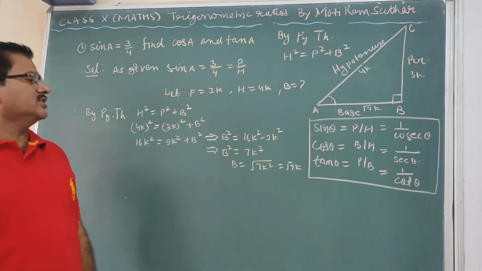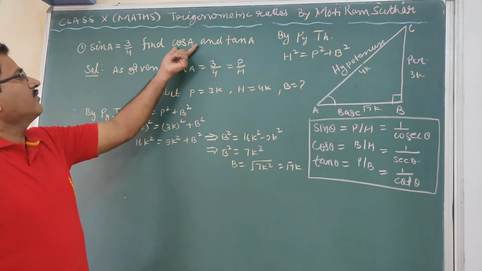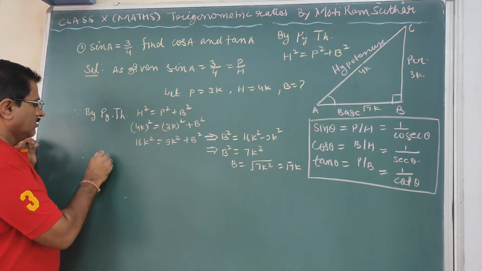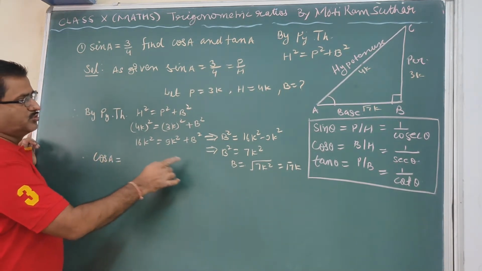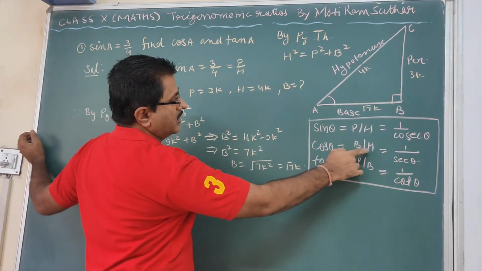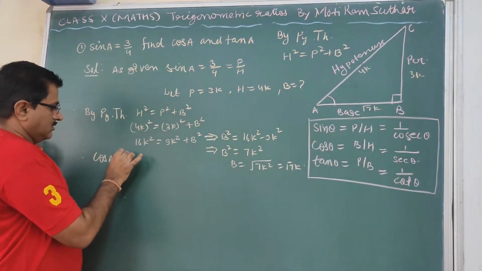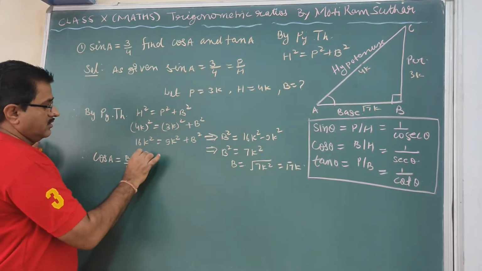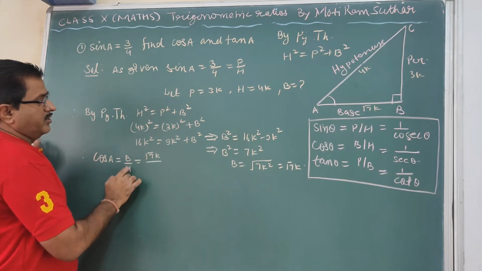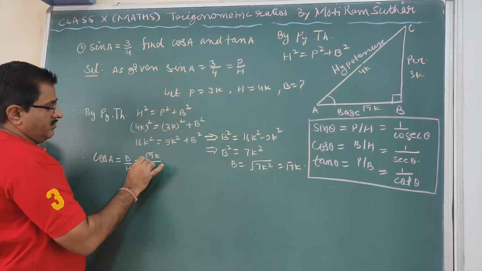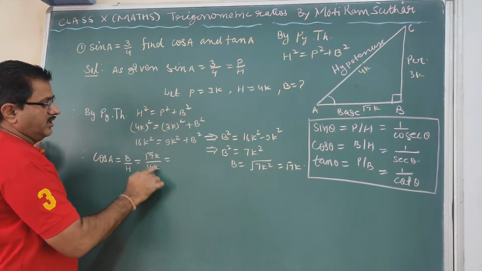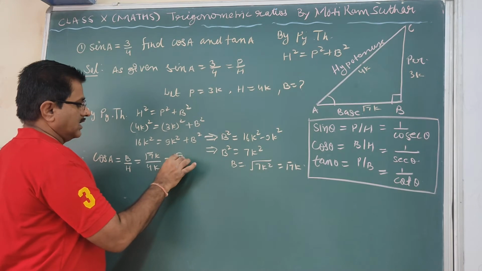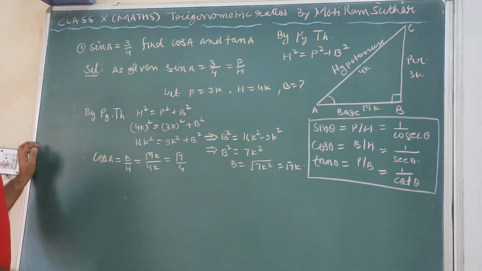After getting all the sides of the triangle, you can easily find cos A and tan A. So therefore cos A is equal to, use the formula B upon H, base upon hypotenuse. Here the base we are getting is root 7k, and hypotenuse is already given as 4k. Now k divided by k is one. Clear? So what we get is root 7 by 4. This is the value of cos A.